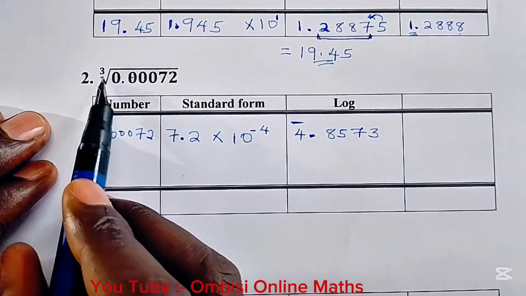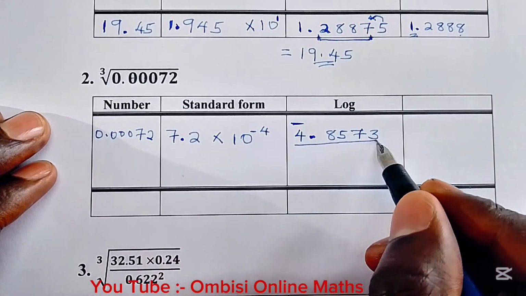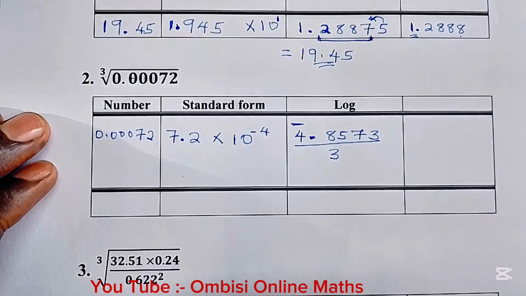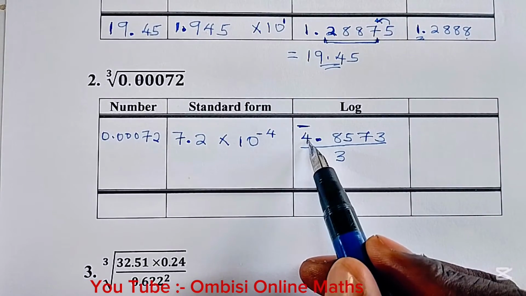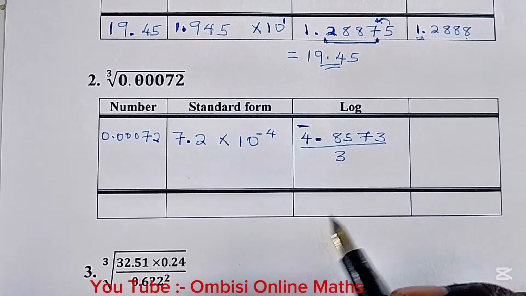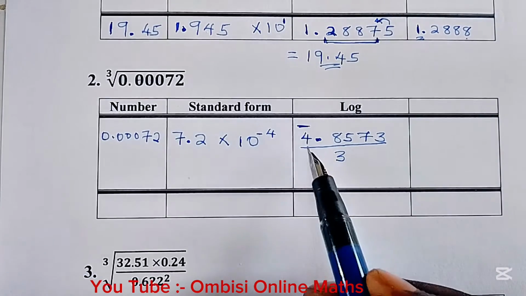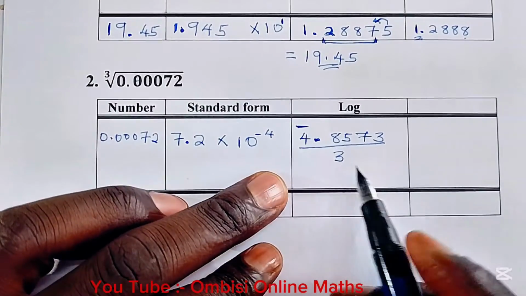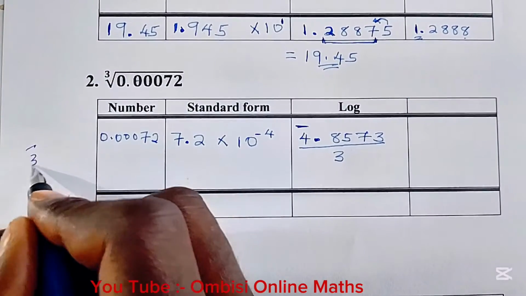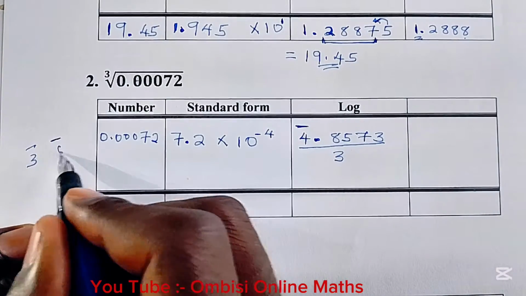Now, it is the cube root, so you multiply by a third, or just say divide by 3. If we look at our characteristic, it is not divisible by 3, so we have to do some modifications on this. Multiples of 3 are bar 3, bar 6.